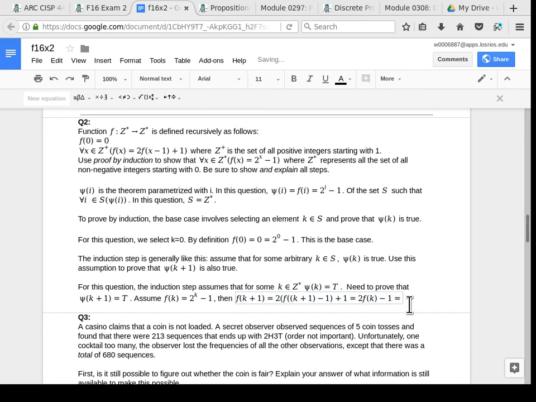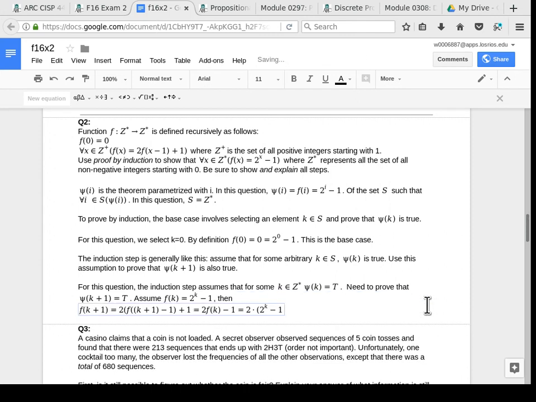Because of the induction assumption, this is the same thing as 2 times, I need to use parentheses here, (2 to the power of k minus 1), and then the whole thing minus 1.